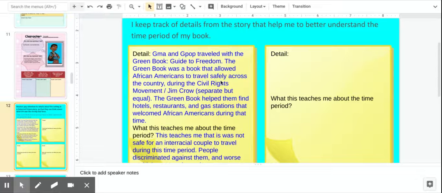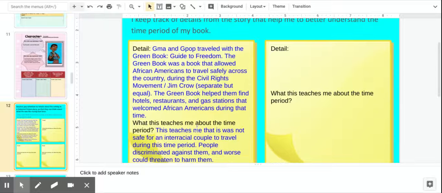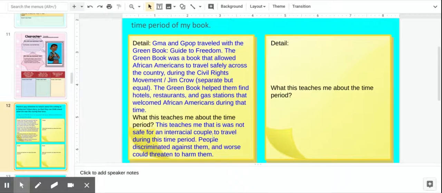I also posted the video just in case some of you weren't able to watch it. But that is the historical significance of something that I learned in this book. What does this teach me about this time period? This teaches me that it was not safe for an interracial couple to travel during this time period. People discriminated against them and, worse, threatened to harm them.